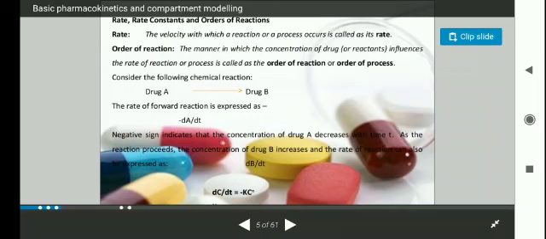That is, a compartment is a physiologic and anatomic region. Say, for example, you can consider our body or a body organ as a compartment. Okay, and the compartment model is the traditional and most widely used approach to pharmacokinetic characterization of a drug.